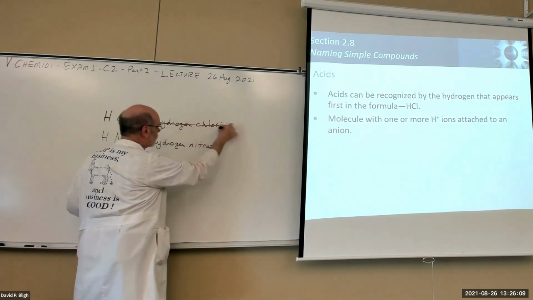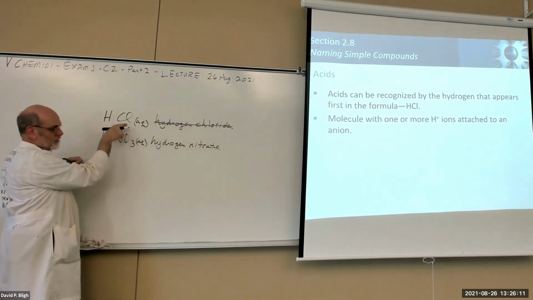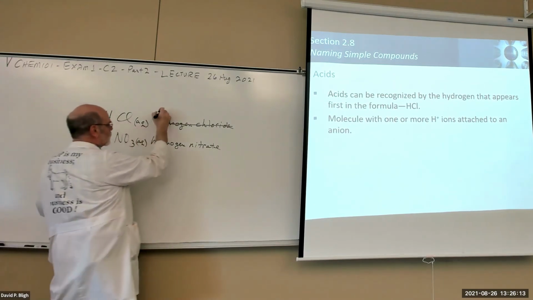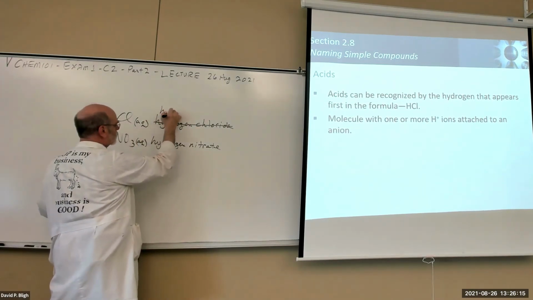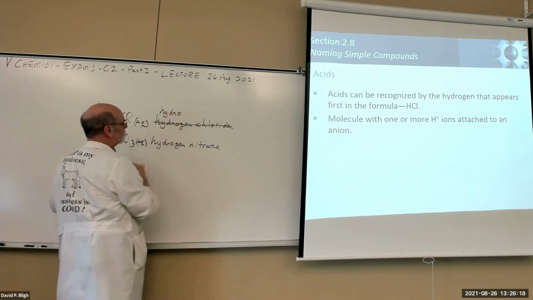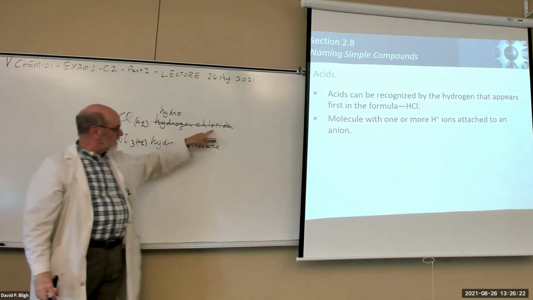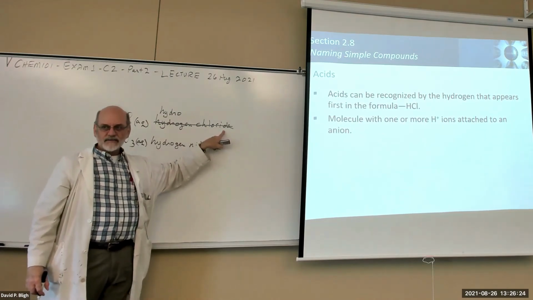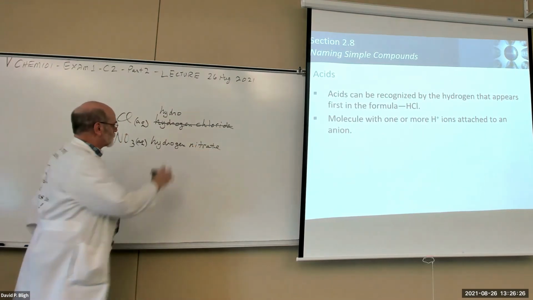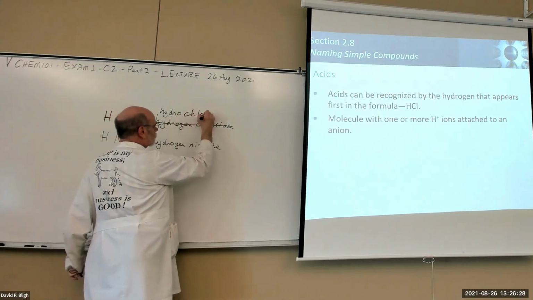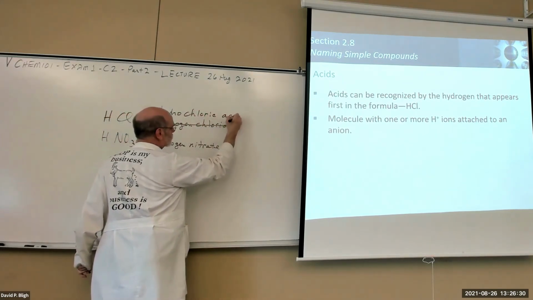Now, if there's no oxygen there, we start the name with hydro. And then we take this part of the name from here, chloride, ide becomes ic. So this is hydrochloric acid.